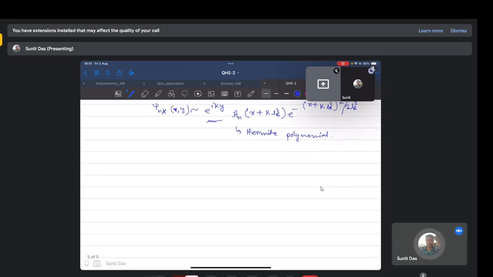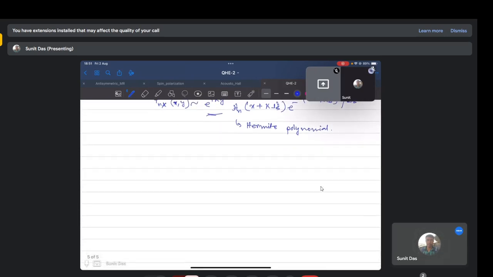So to calculate the degeneracy, let's assume that our sample is of dimension L_x along the x direction and L_y along the y direction. Now, having a length L_y along the y direction is like putting a free particle in a box in the y direction of length L_y. We have done the problem of the potential well, right?